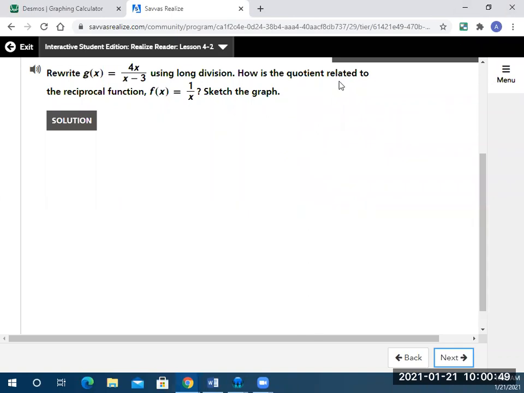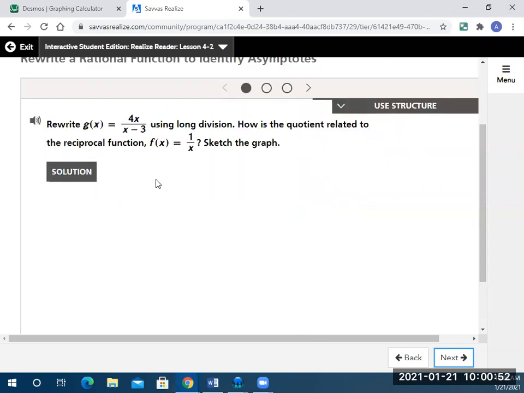I'm going to go through this example with you guys. So we're dividing 4x by x minus 3, right? Let me give myself some more space. So we have to identify how many times x minus 3 goes into 4x evenly. It doesn't, so we're just going to look at this first variable and identify how many times x goes into 4x evenly.